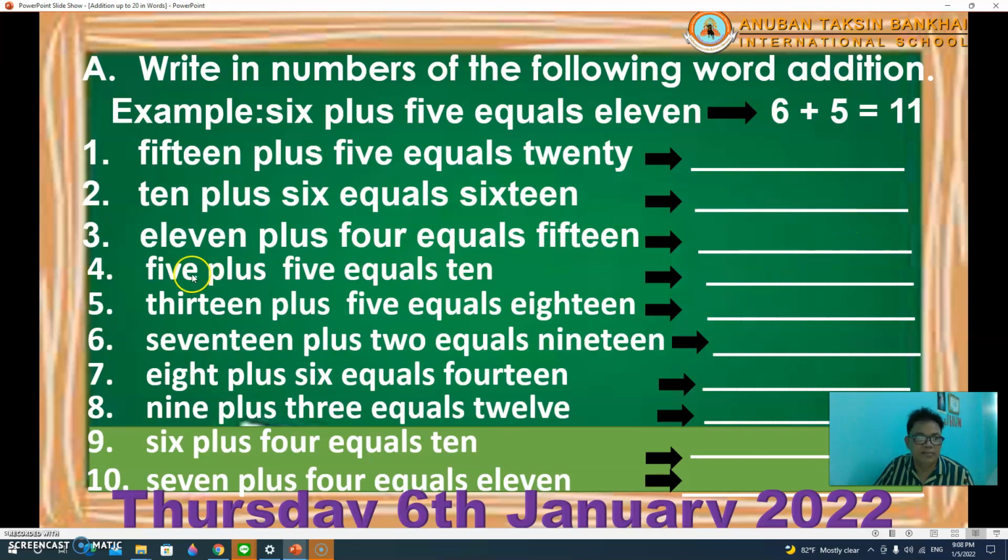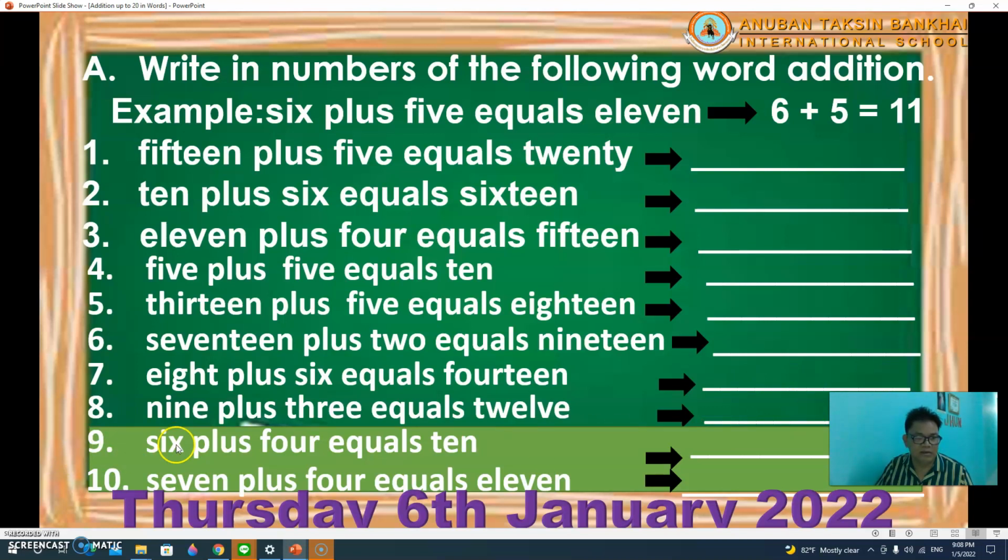5 plus 5 equals 10. Next, 13 plus 5 equals 18. 17 plus 2 equals 19. 8 plus 6 equals 14. 9 plus 3 equals 12.